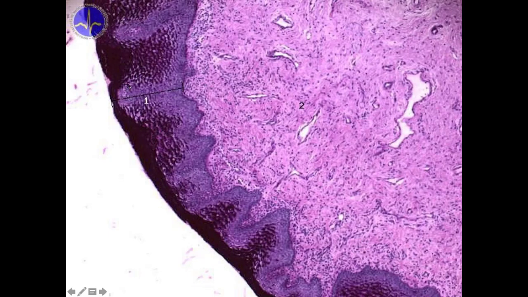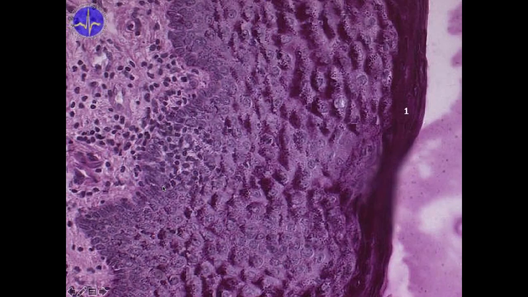This is PAS staining for glycogen, so you can see the storage of glycogen, especially in the superficial layers of epithelium, like that.